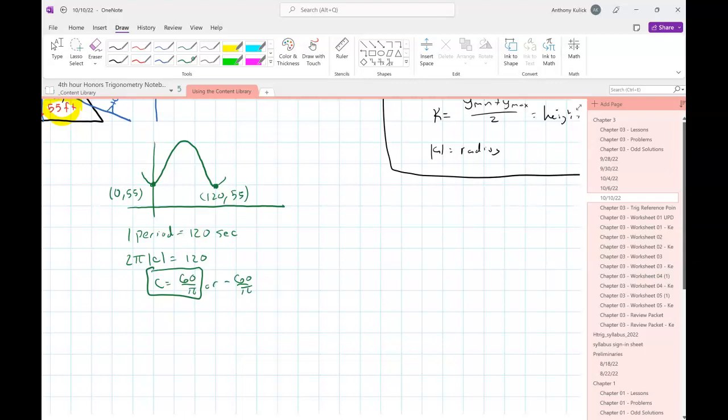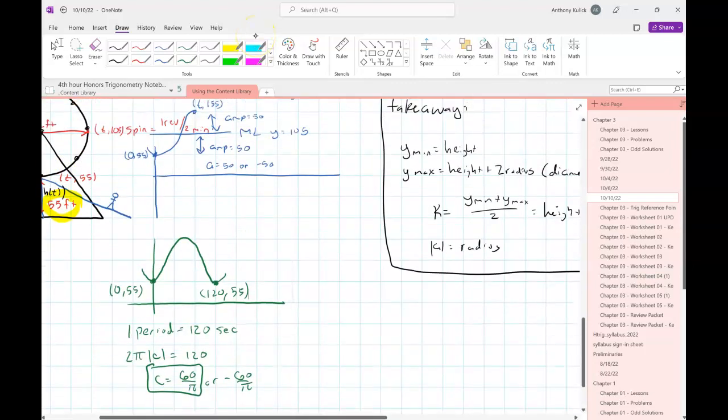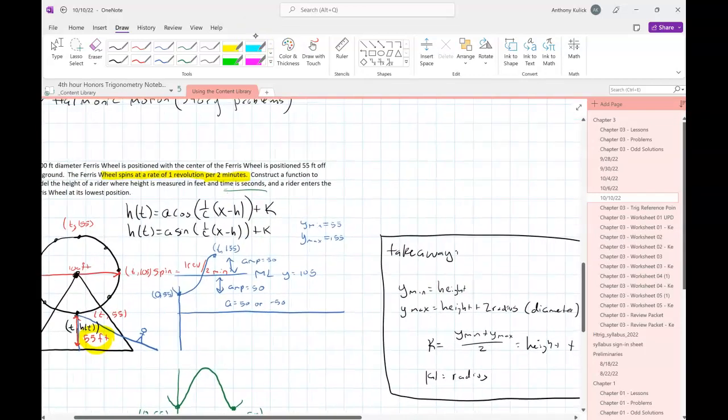So, all we need now is to decide whether we want to use a sine or cosine function, figure out whether our a should be positive or negative, and then find our value for h. Everybody's cool with that plan? What piece of information am I going to use to do that?